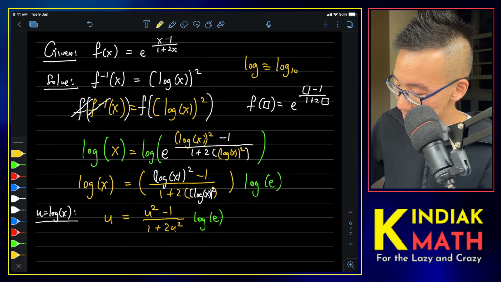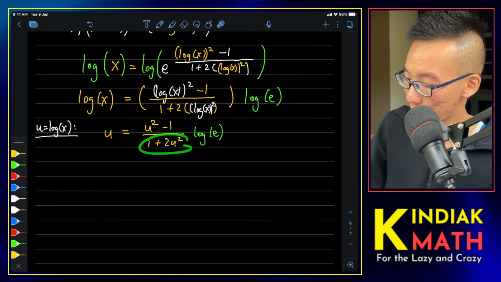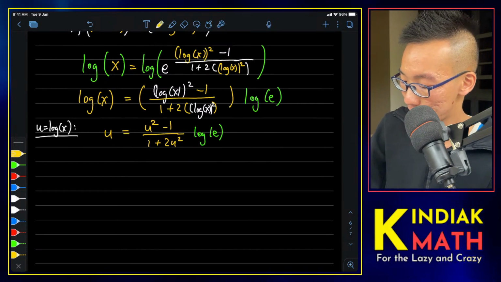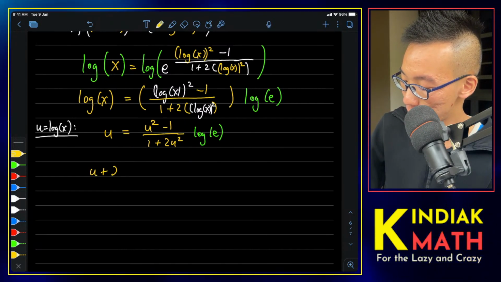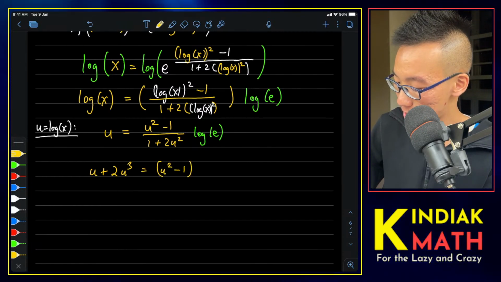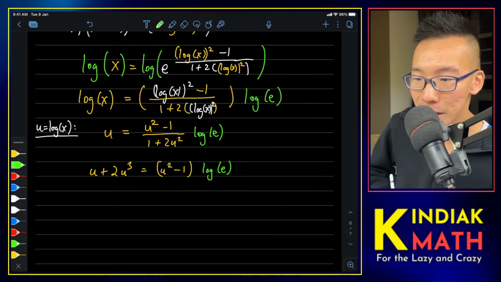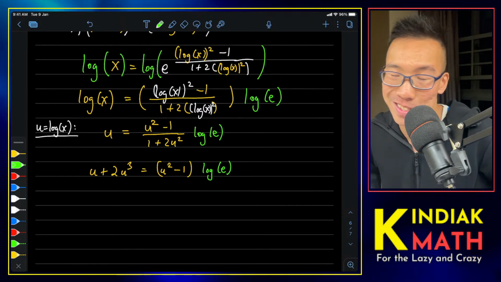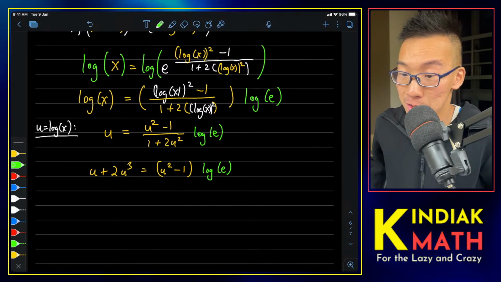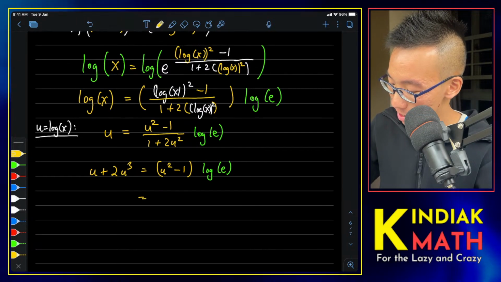So let's multiply this denominator up. This gives us u plus 2u cubed. On the right side we get u squared minus 1 times the logarithm of e. Now the logarithm of e looks weird, but that's just basically a number. So we can just expand that in.